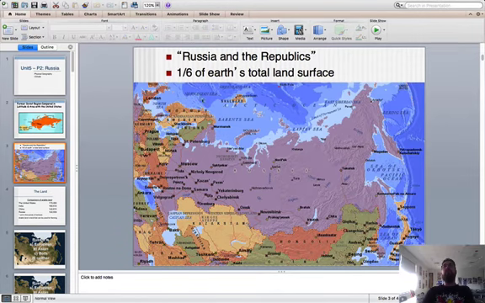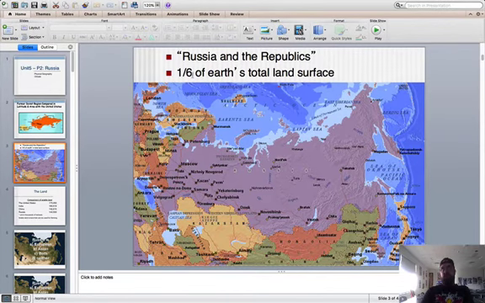So, you need to know what the republics refers to. When we talk about Russia and the republics, the republics are all the countries that are now independent that used to be part of the Soviet Union. That's going to be Central Asia, like Kazakhstan, Uzbekistan, Turkmenistan, Tajikistan, and also Transcaucasia, which is Georgia, Azerbaijan, and Armenia, as well as Eastern European countries like Belarus and Ukraine, Estonia, Latvia, Lithuania, Poland, things like that, which were all part of the Soviet Union at one point.